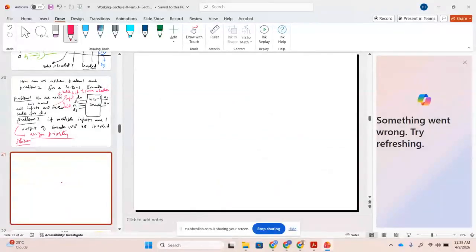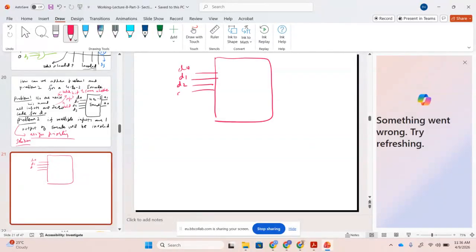Okay, now we have the same problem, and now we have some inputs, which we call D0, D1, D2, and D3, and then we have the outputs, which are A1 and A0, and these are A, K, G, and N. A stands for Abdullah, K for Kaiser, G for Ghala, and N for Nuruddin.